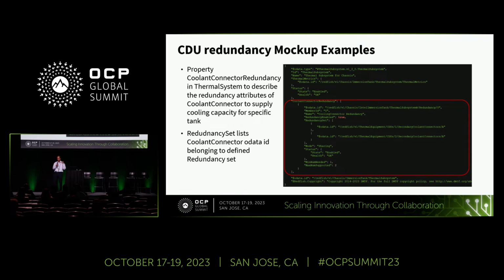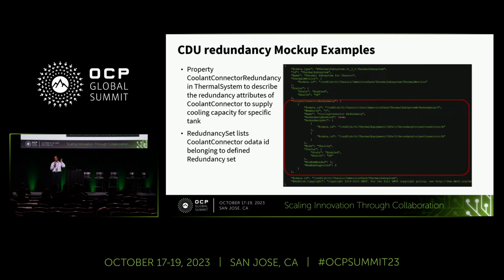I'll show you a pointer there later if you want to go look it up. This code is published, I believe, through the web in Redfish, so you can look at it. I know it's an eye chart, especially with that color, but essentially what it's showing is that there are two cooling distribution units, and they are redundant with each other. One of them could fail, and the other one will take over, right?